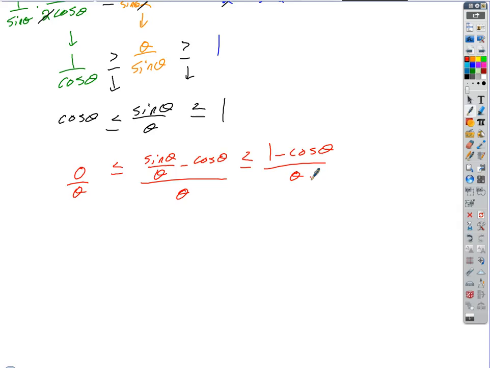The second one is going to be a little bit tricky. That's going to be a theta, cosine theta, theta. I think you could make it work. Isn't that excessive work?